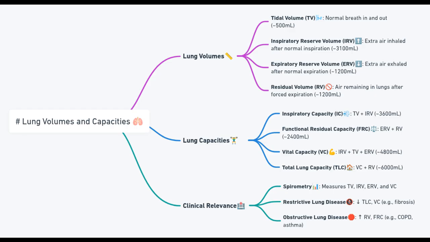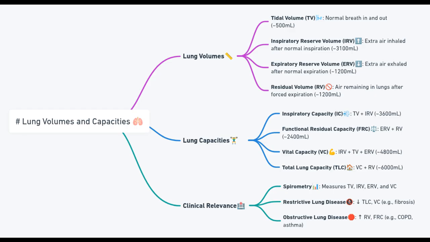If you have your FVC less than the lower limit normal, and your total lung capacity isn't reached, it's less than the 80% predicted, then you're dealing with a restriction.